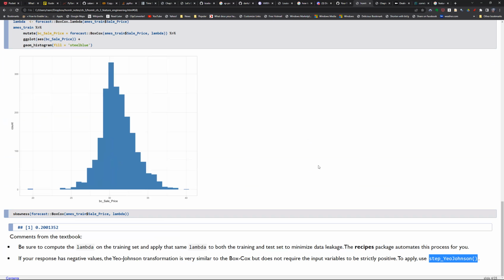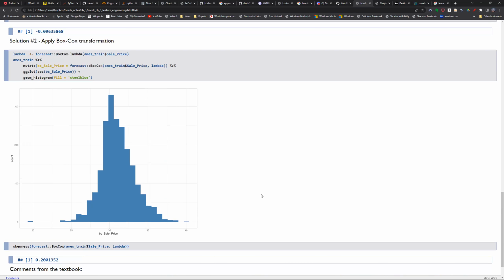Actually, I'm a little bit curious whether we can transform our target variable using the Box-Cox transformation method. Compared to the log transformation, Box-Cox seems a little bit complicated when we try to interpret the result.